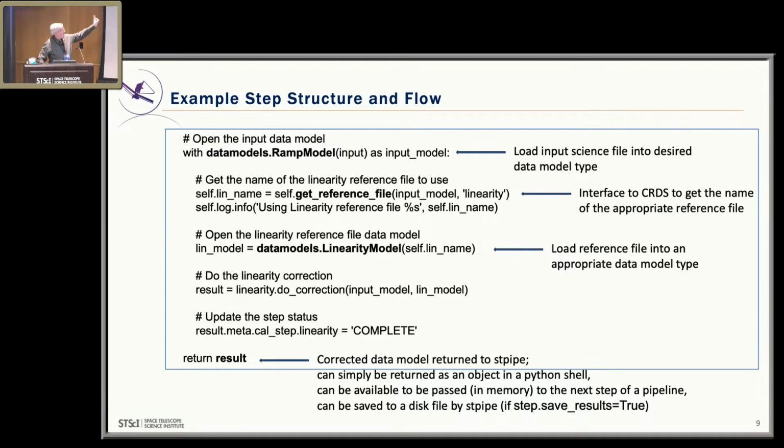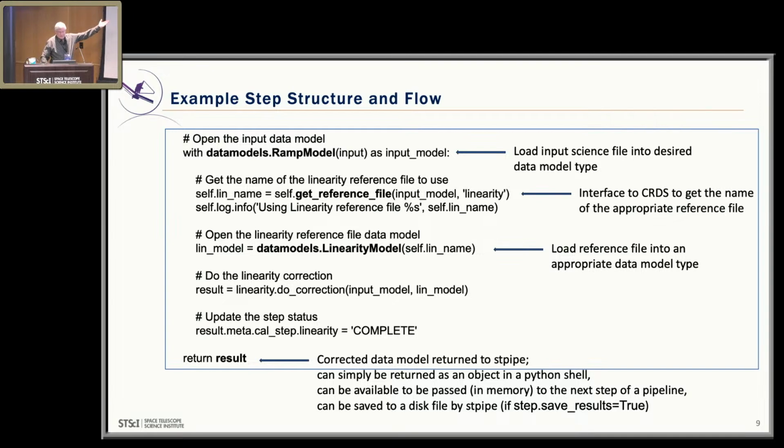It passes that name back to you, which you can then go ahead and open into another data model, and then do what you need to do to actually apply the correction, just sending your reference file and input science model down to the actual correction routine. And then at the end, the corrected data model, which here I've called result, is just passed back up to ST pipe.